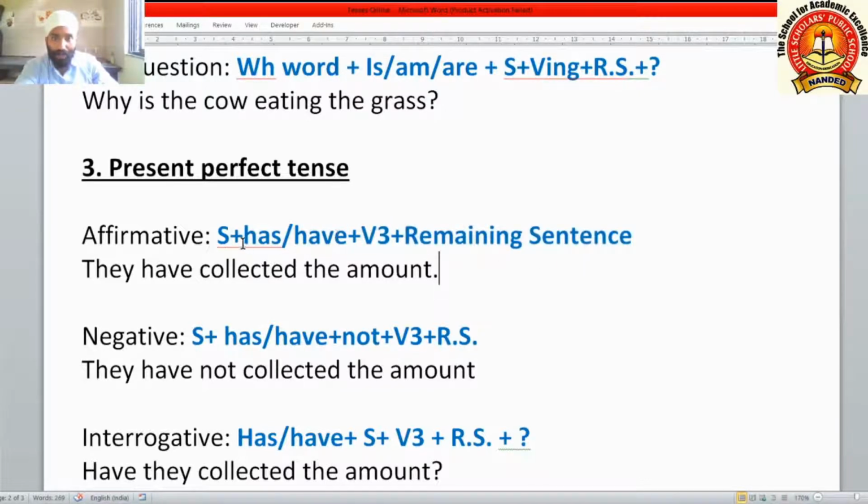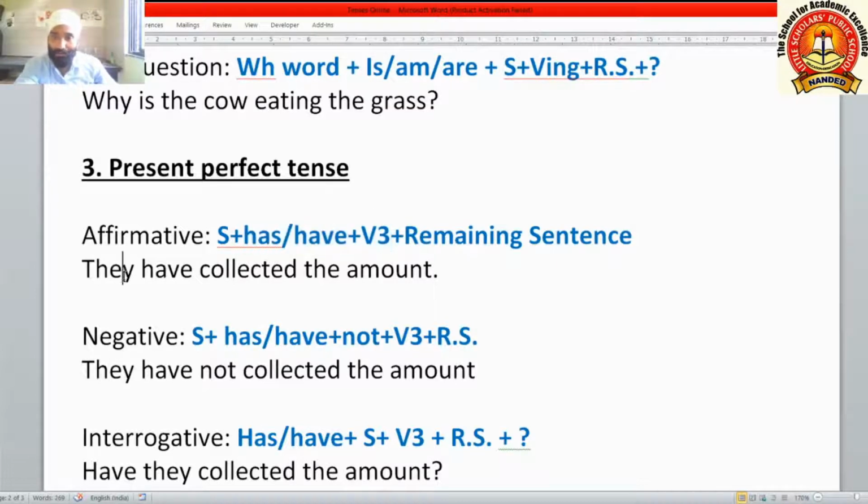Here after has, have we always use the verb with the third form. In perfect tenses we always use the verb with the third form. If it is perfect continuous we will use the verb with the ing form, but if it is perfect tense we always use the verb with the third form.